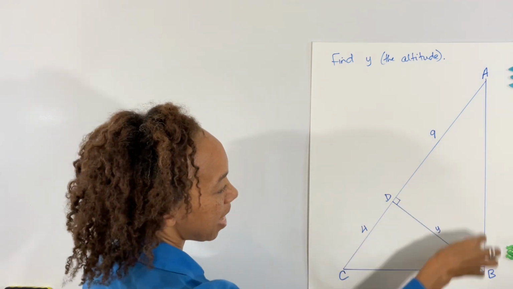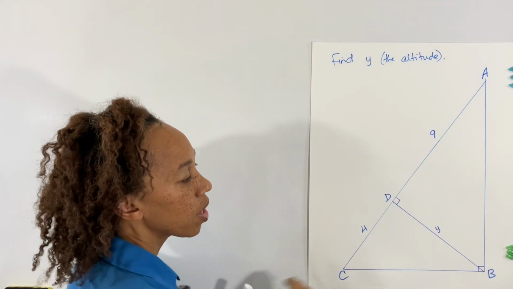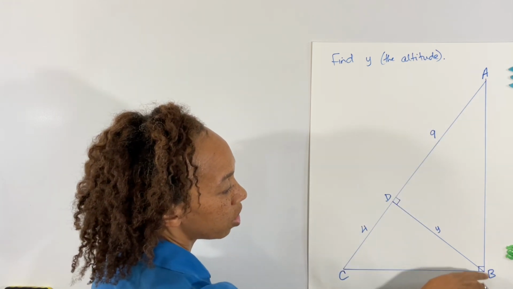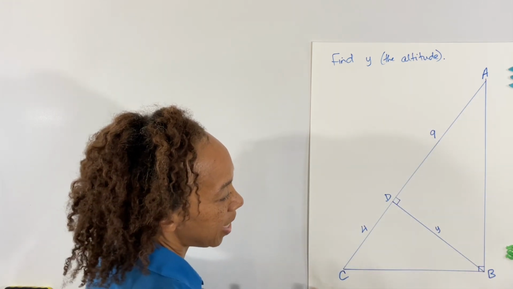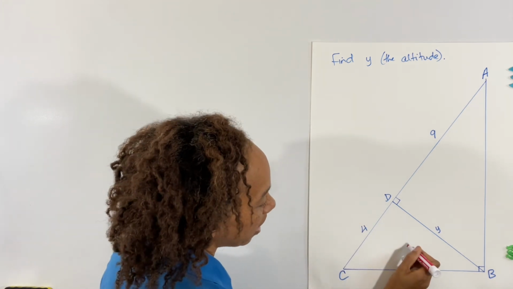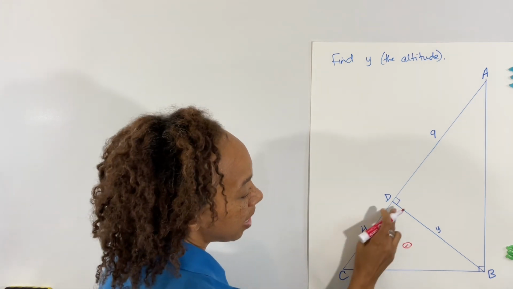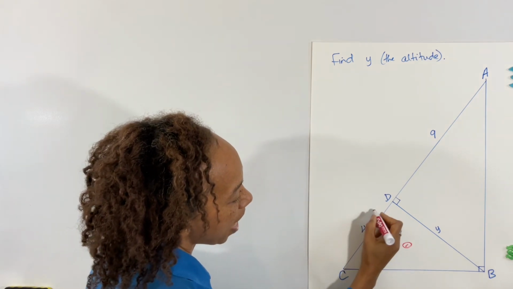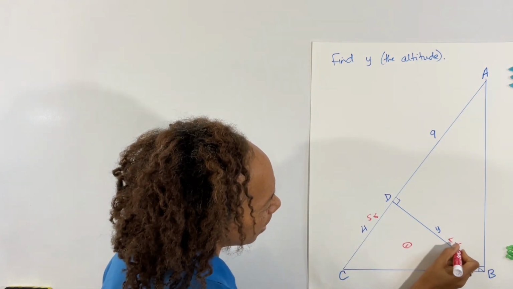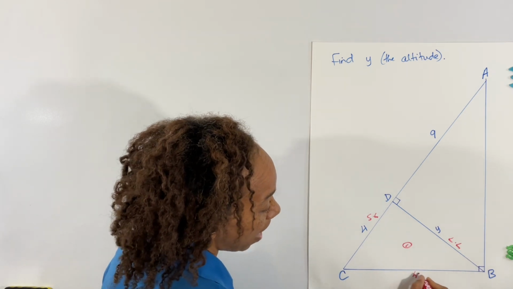So we have the main triangle here. We have this is our hypotenuse, and this is our long leg, this is our short leg. But in this triangle, and I can label it as triangle 1, I now have 4 as your short leg, and this is going to be your long leg, and this is going to be your hypotenuse.